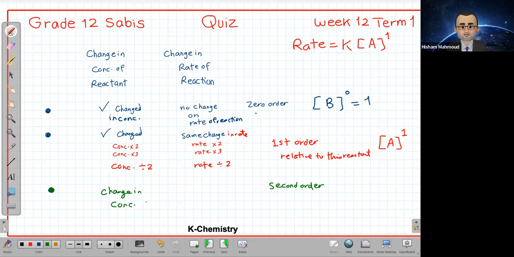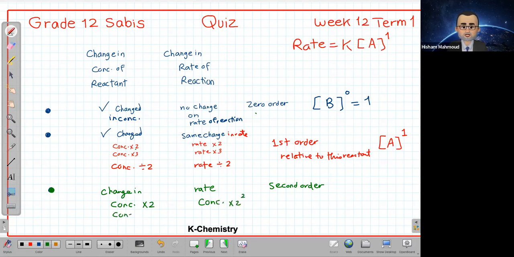If you multiply the concentration by 2, the rate of the reaction does not change like in zero order, and does not change in the same equivalent way as in first order, where the concentration multiplied by 2 gives the rate multiplied by 2, multiplied by 3 gives multiplied by 3, divided by 2 gives divided by 2. But it changes in a way that the concentration is multiplied by 2 to the power of 2.